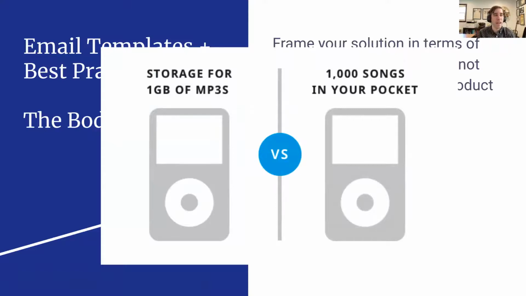I had friends that had the Zune, as well as other MP3 players that were very much like, we'll store a gig of MP3s on this small device, but Apple's pitch was 1,000 songs in your pocket. And that reframes the whole solution that they're providing, so you can really see it in a tangible way, as opposed to just trying to compare product versus product.